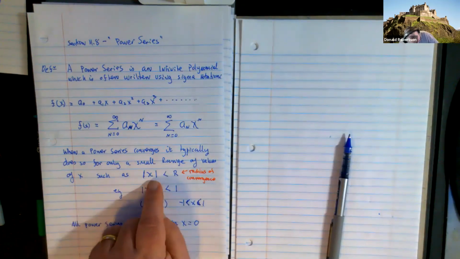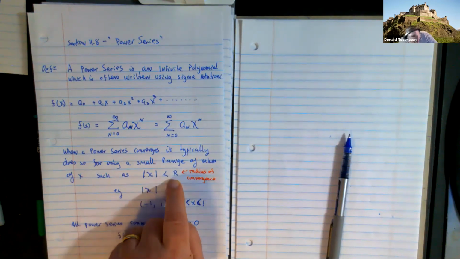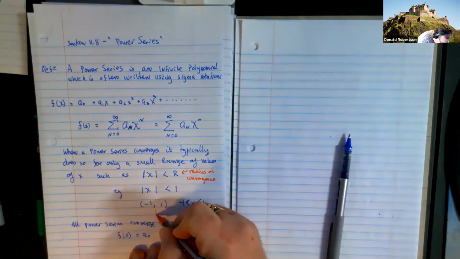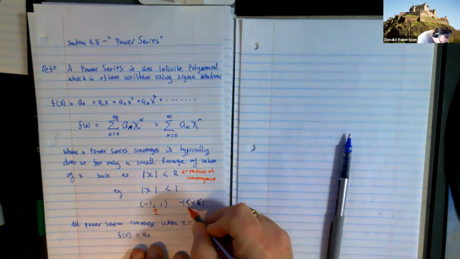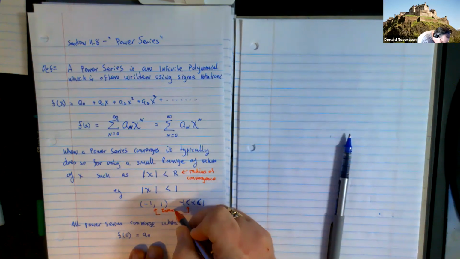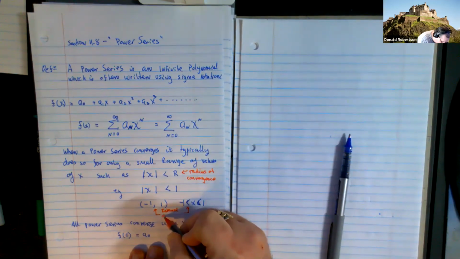So if you have a power series and it converges as long as the absolute value of x is less than 2, we would say the radius of convergence is 2. And this fella here, this has a name as well. And this is called the interval of convergence.